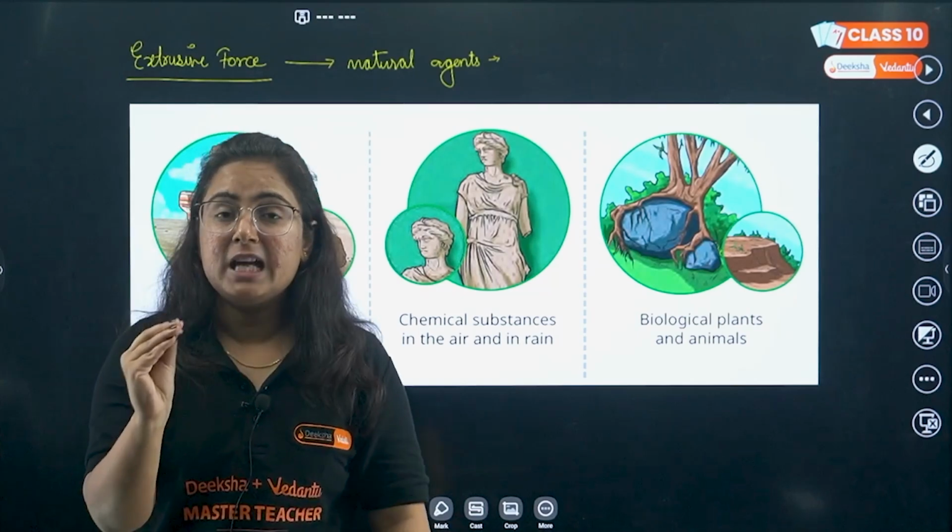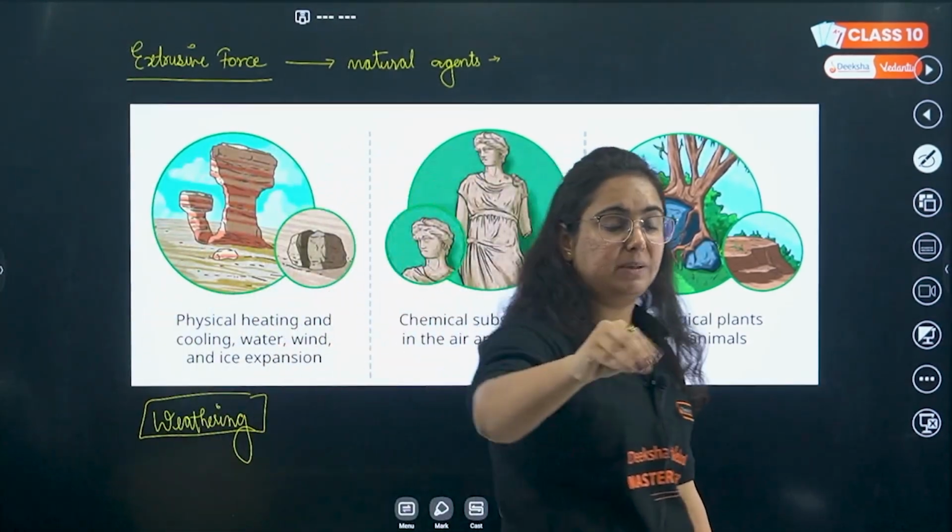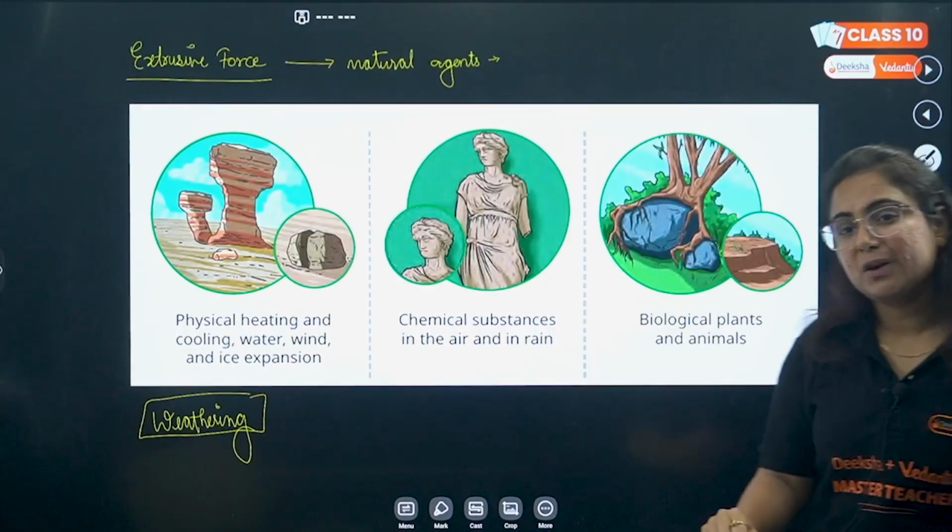But whenever they are breaking down into pieces, they remain at their place. This process is known as weathering.